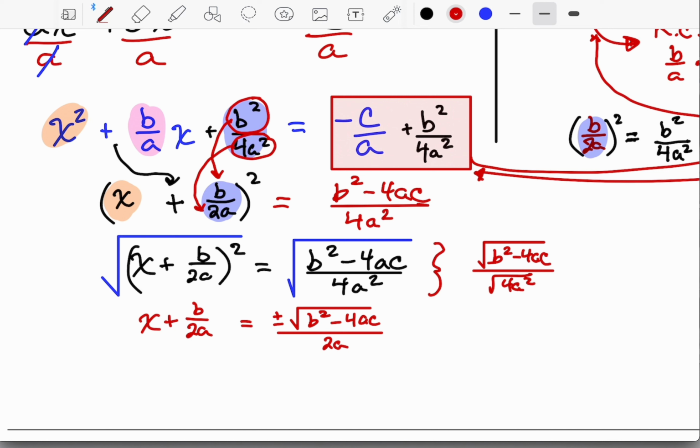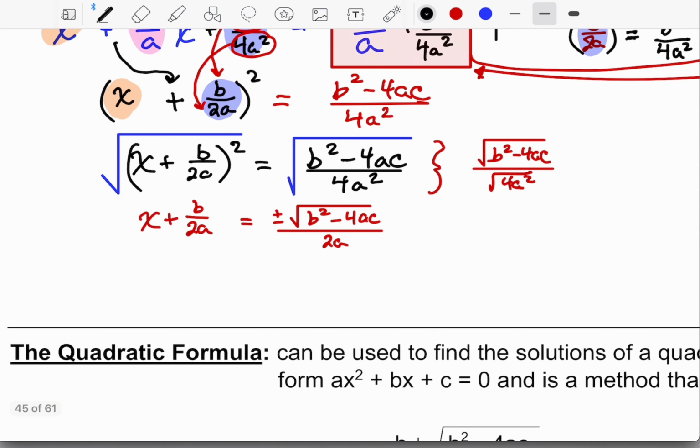So then my only objective at this point, and actually it's been my objective for a couple of steps, has been to get x alone. All right. So that is subtract the b over 2a from both sides. It'll cancel on the left.